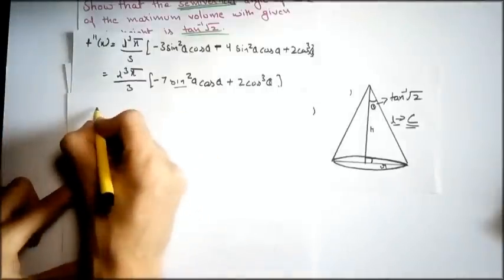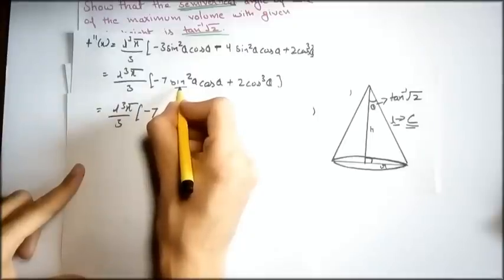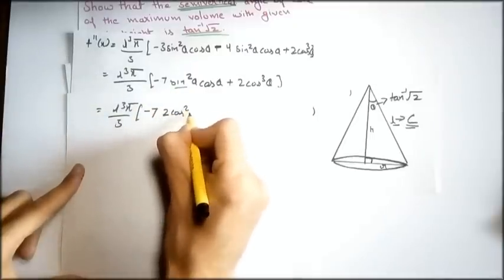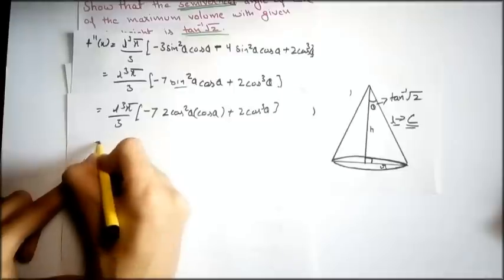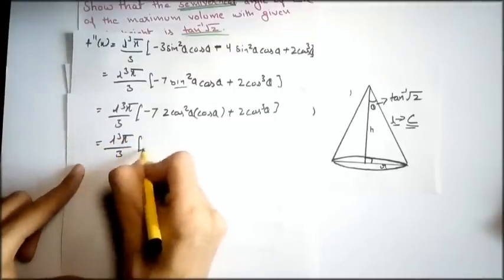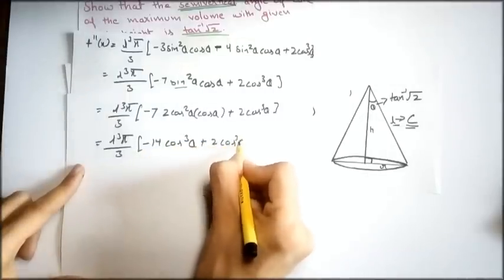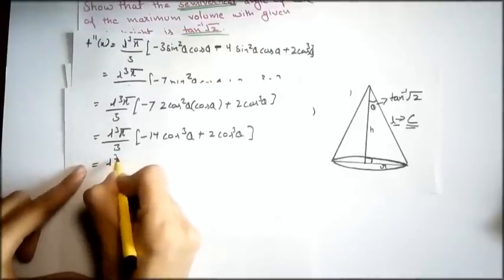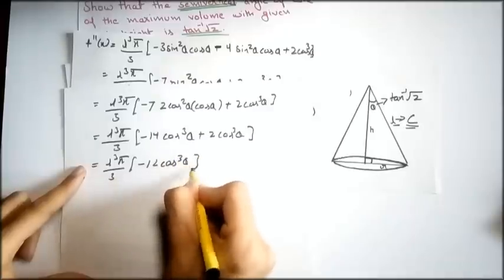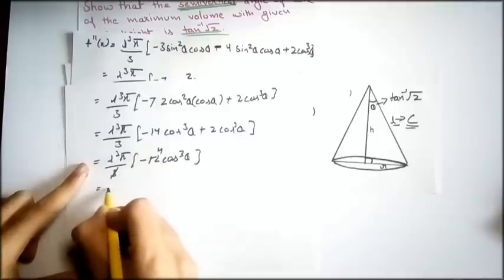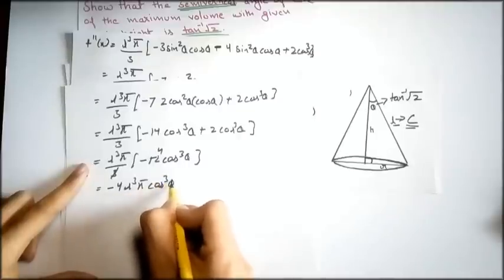So L cube pi by 3 times minus 7 sine square theta, which is 2 cos square theta, cos theta plus 2 cos cube theta, and after this L cube pi by 3 times minus 14 cos cube theta plus 2 cos cube theta, and just simple simplification of this, that is minus 12 cos cube theta, and 3 4s are 12, so minus 4 L cube pi cos cube theta, which is less than 0.